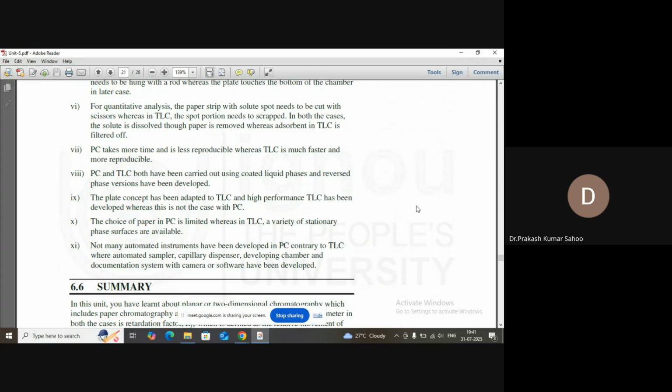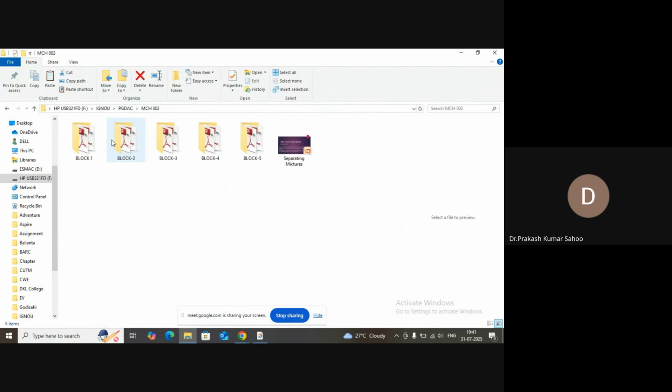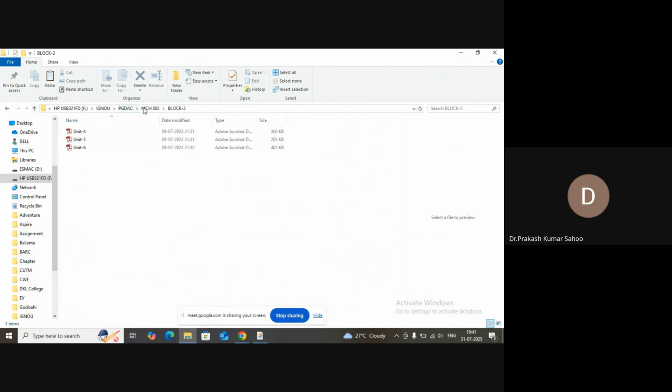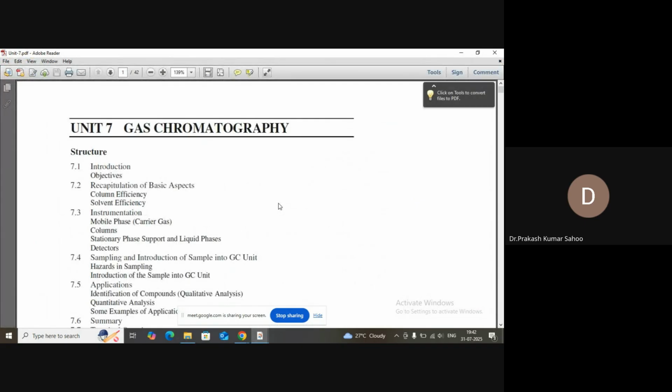In the next class we will have the column chromatography discussion, that is in unit 7. Block 2 is completed. We have block 3. Unit 7 is all about gas chromatography.